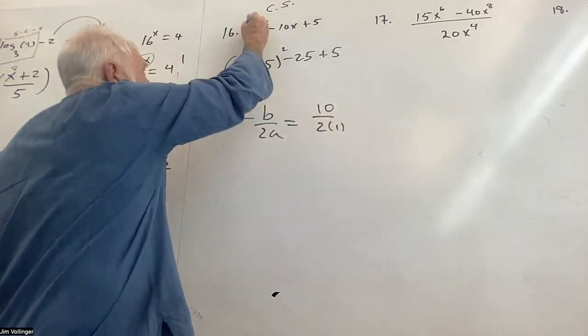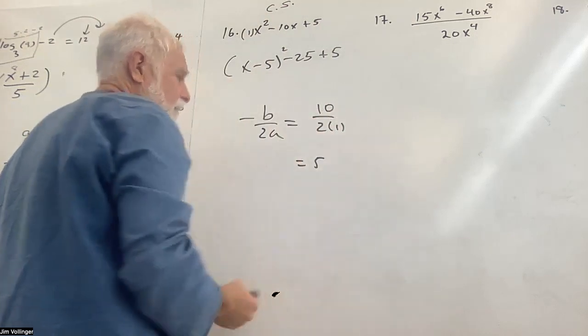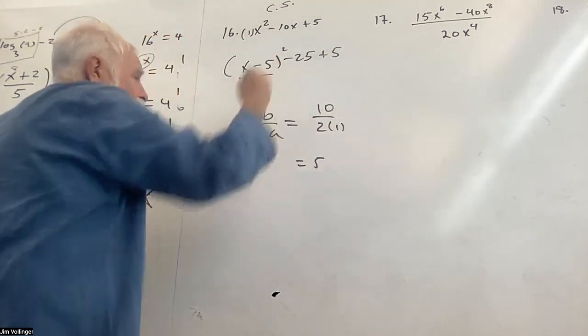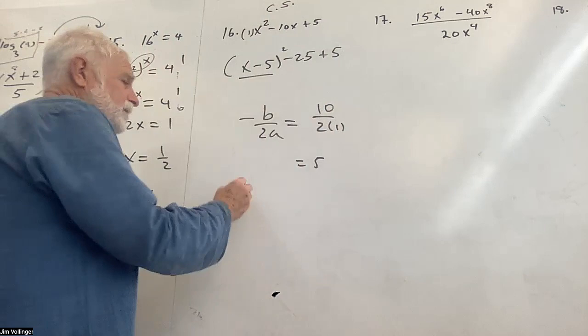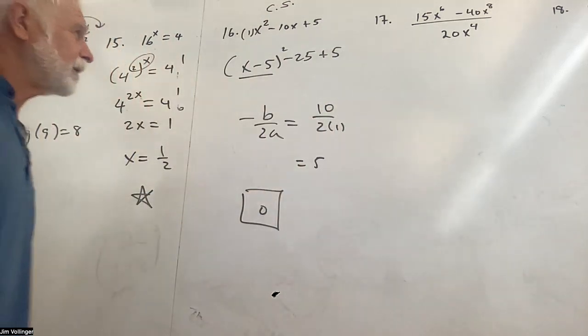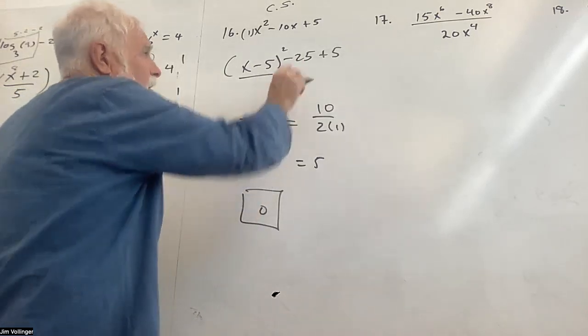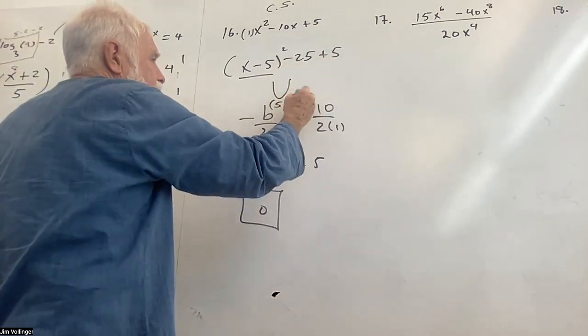We don't write the 1 here. And what do you get? 5. So I hope you understand why you're writing x minus 5, because the smallest area a square can be is 0. So there's geometric reasons. And so we get a minimum here at 5 comma negative 20.